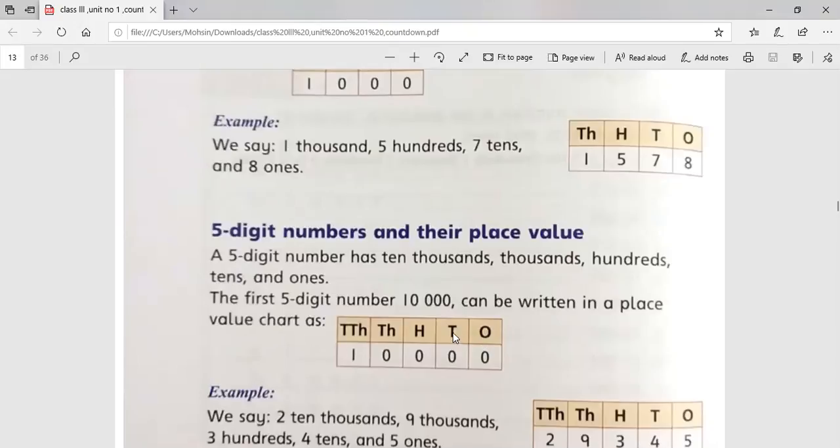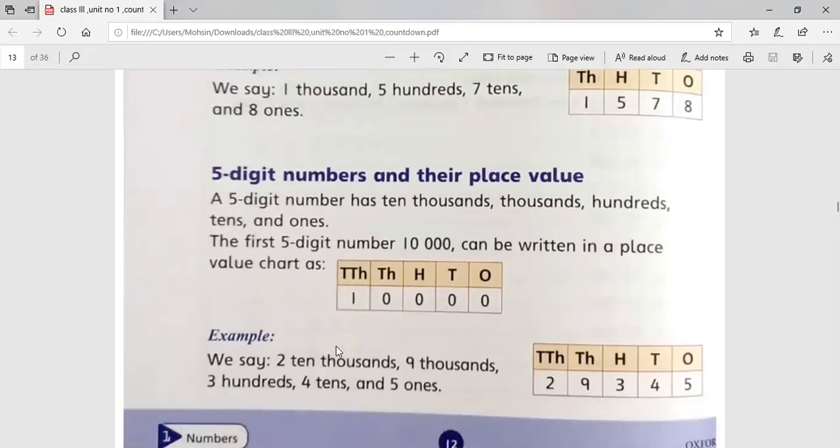In 10,000 we have 4 zeros, and the total number of digits is 1, 2, 3, 4, and 5.